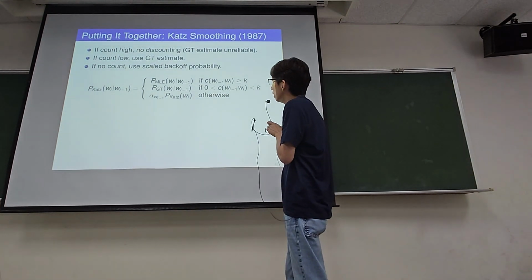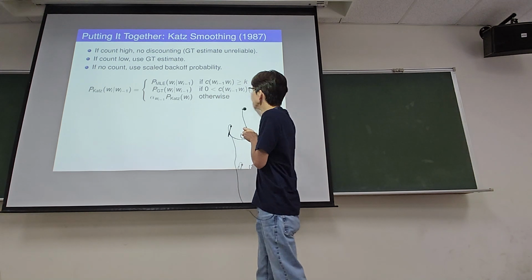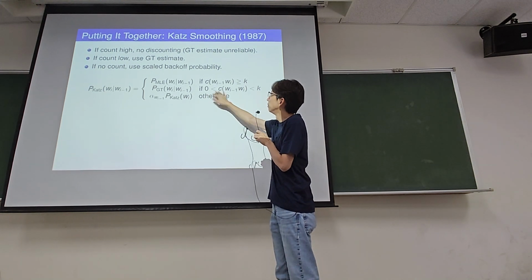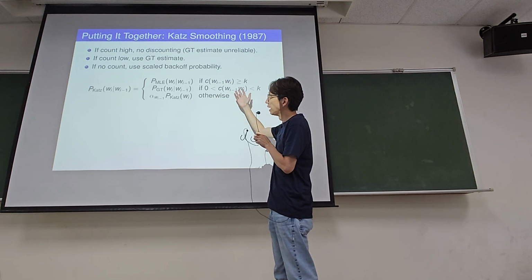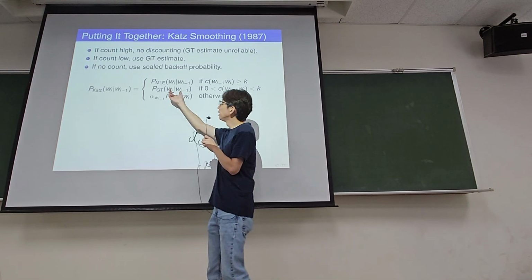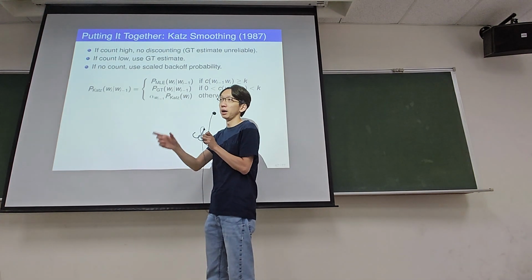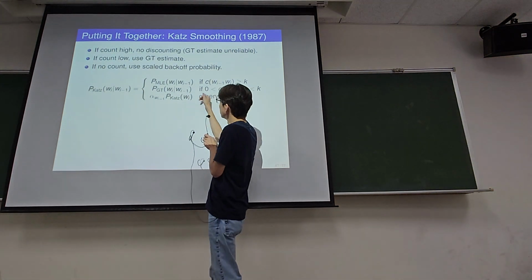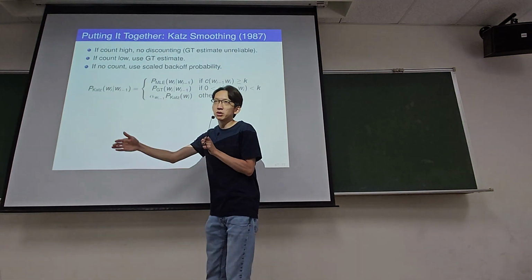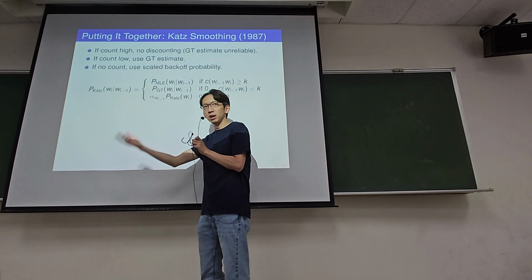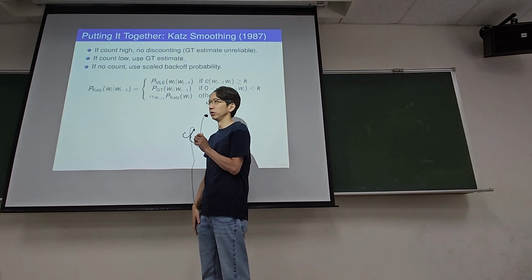Then if it's between some low counts, say 0 to 8 or 0 to 10, then maybe here we can use some Good-Turing estimate on the bigram. Then when you hit 0 counts, we back off to a unigram. And if that's zero, no unigram, then you back off to the unigram Good-Turing estimate.